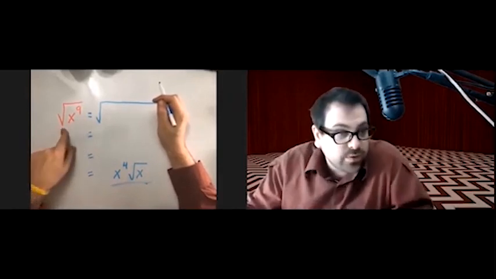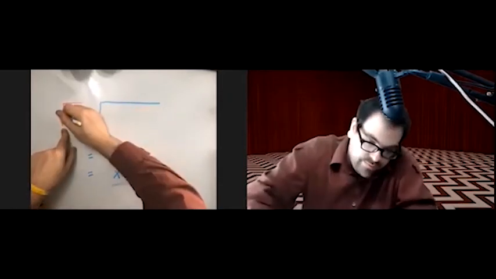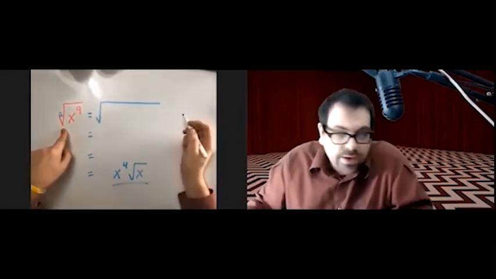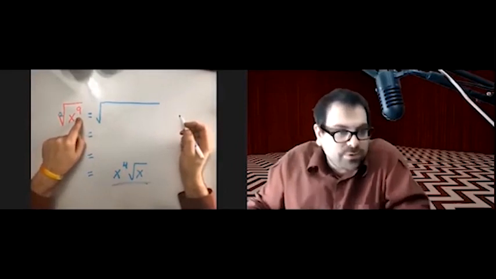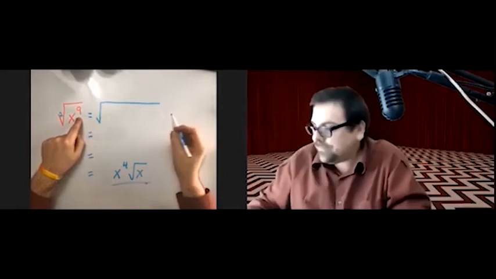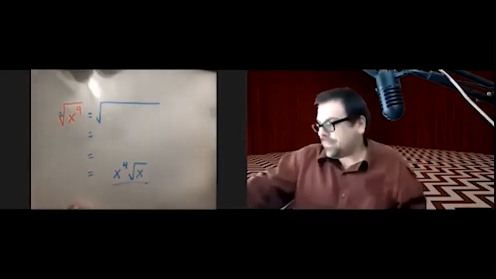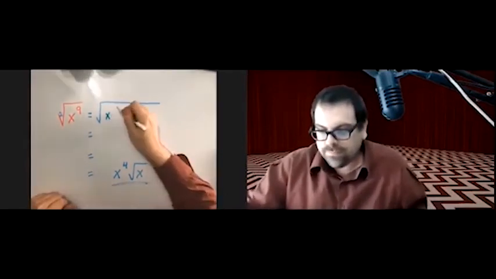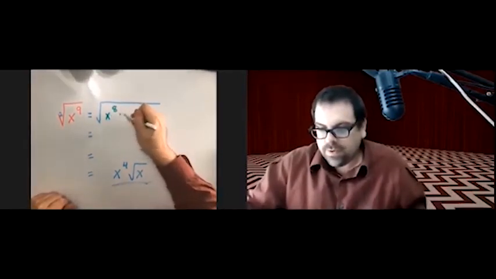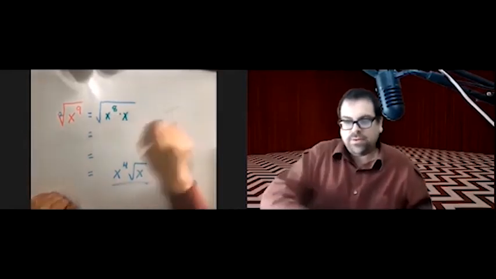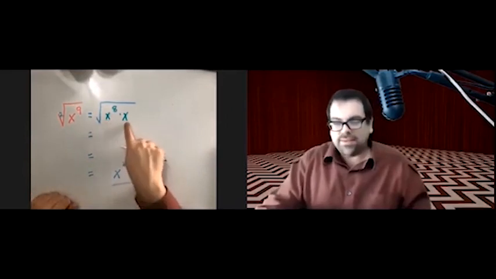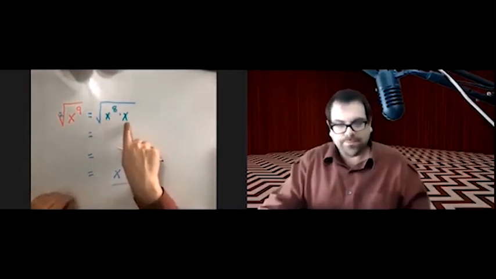For instance, a square root, like an invisible 2 root. What's the highest multiple of 2 that we can fit into 9? 8. And rewriting x to the 9th would be x to the 8th times x.